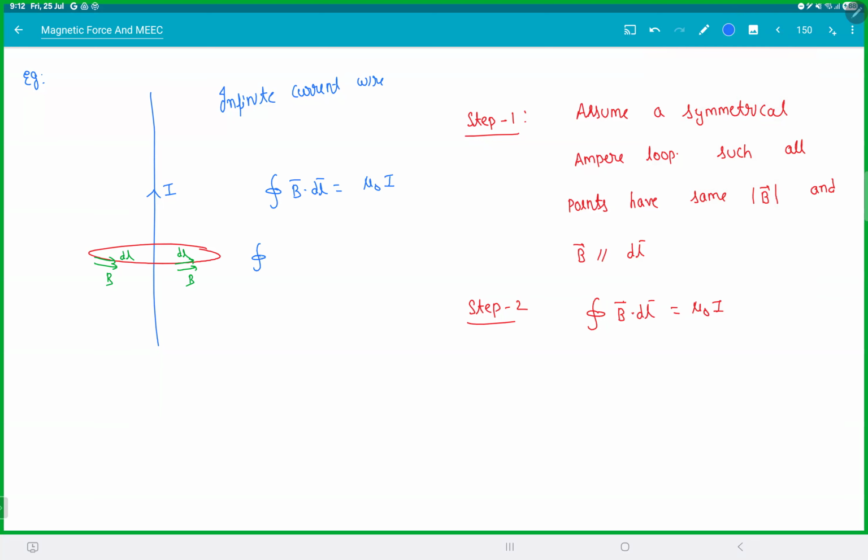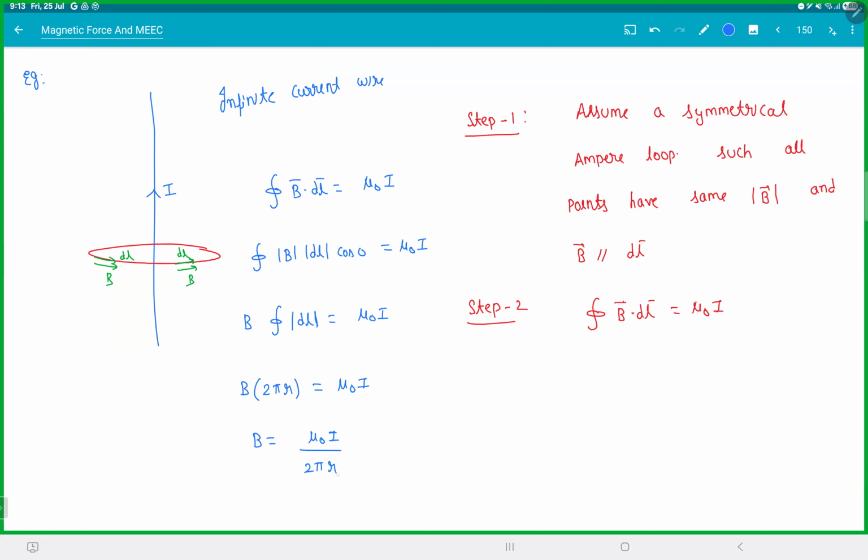B is parallel to dl here, so this will be mod B, mod dl, cos 0. On the left-hand side it will always be the same, so B will come out. You'll be left with integral of mod dl, which is nothing but the circumference. Therefore, the magnetic field is mu naught I by 2 pi r.